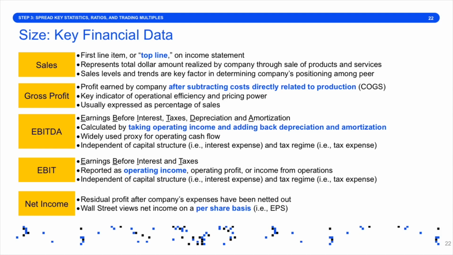So, one step above the net income, there is the EBIT, earning before interest and taxes. That is basically the operating income. Because basically it's your net income before you pay taxes and before you pay interest.